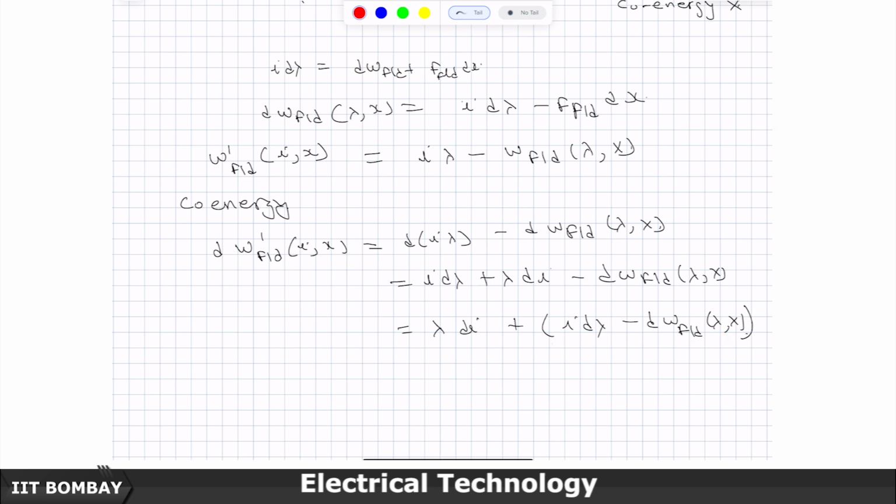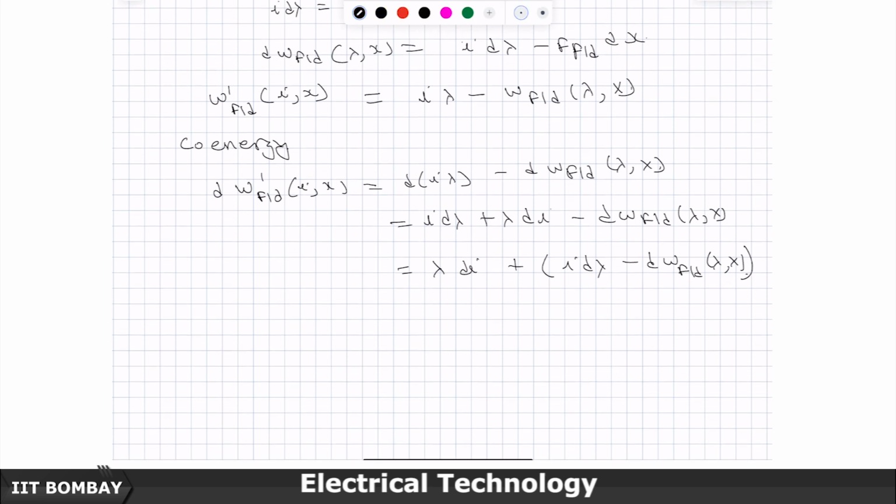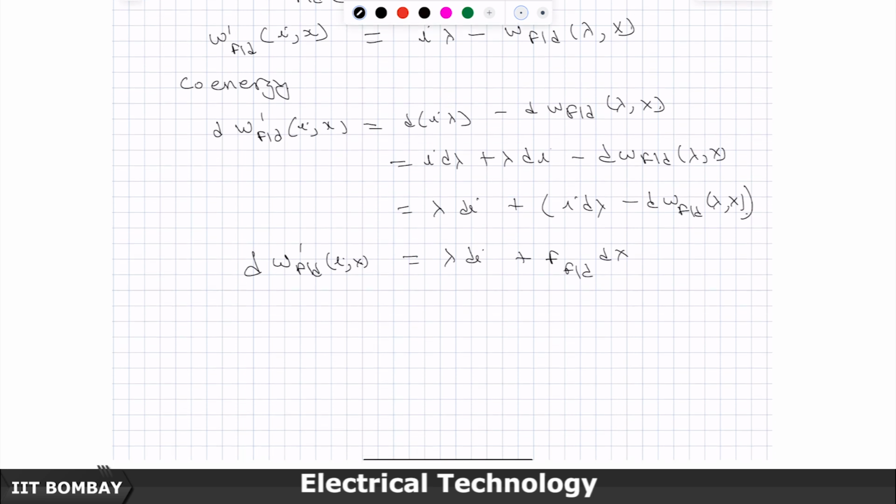Therefore, I will get lambda d I plus f_FLD dx. So, the incremental change in co-energy is going to be given by something like this.